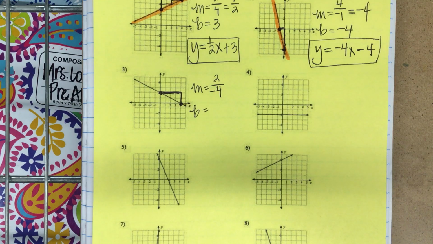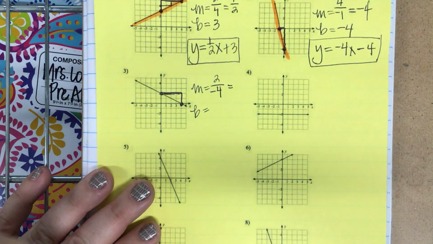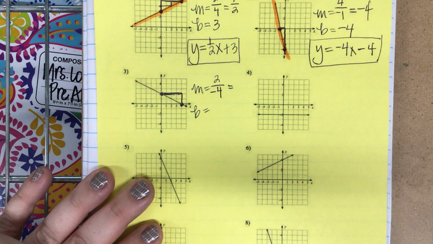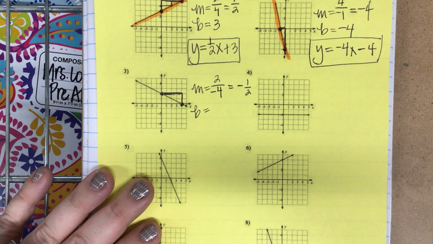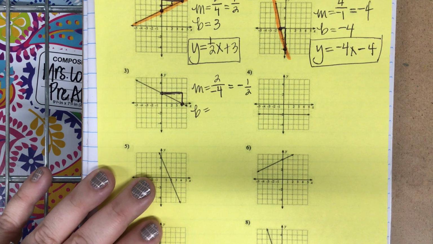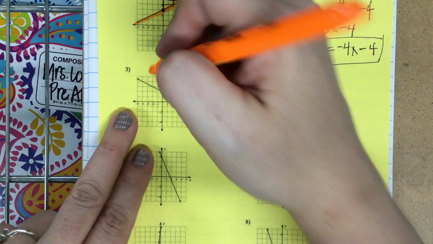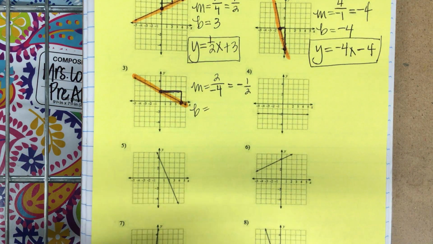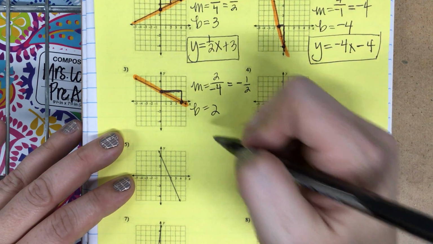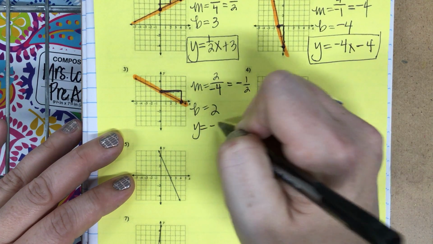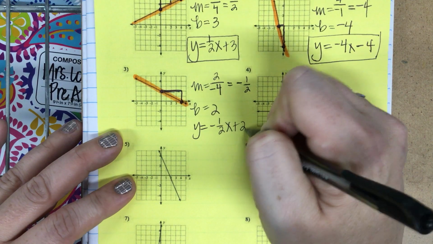Because I'm going to the left. 2 over -4 simplifies to -1/2. You can give the negative to either the numerator or the denominator or put it out front. Just don't make both of them negative. And the y-intercept, where it crosses the y-axis, is +2. So y equals -1/2 x plus 2.